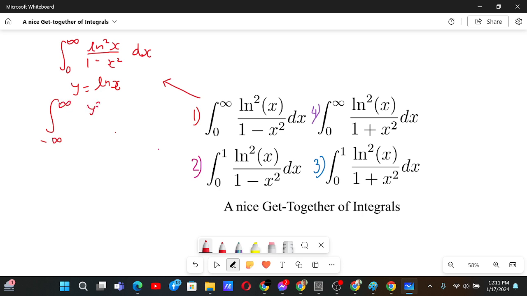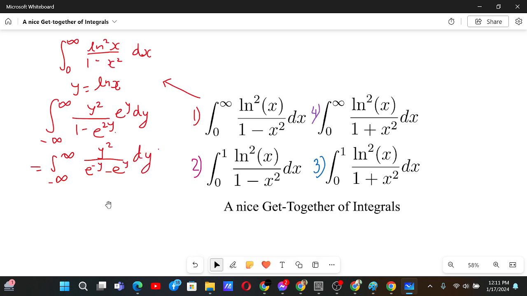This will be y square by 1 minus, now x is e to the power y, so e to the power 2y, and dx is e to the power y dy. And now the next thing will be the integral from minus infinity to infinity. We can divide by e to the power y in the denominator. That gives us y square by e to the power minus y minus e to the power y dy.